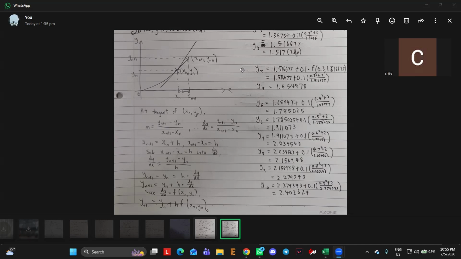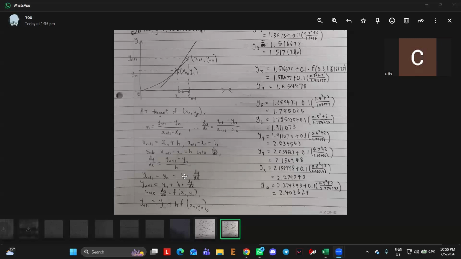The slope of the tangent line is given by the same as the differential equation formula, m equals yn plus 1 minus yn over xn plus 1 minus xn. We define h equals xn plus 1 minus xn, which after substitution gives us dy/dx equals yn plus 1 minus yn over h.